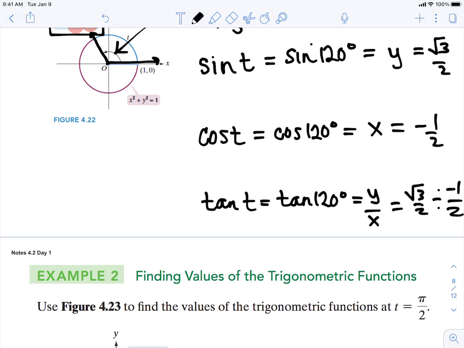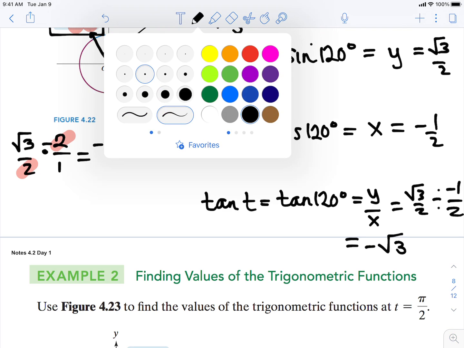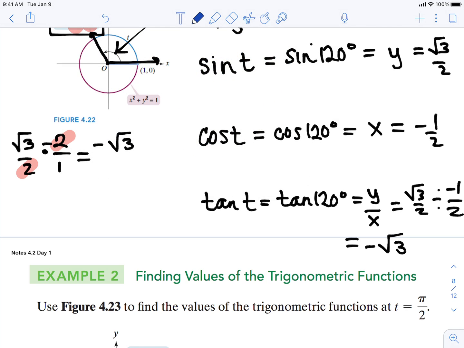So I'm just going to move over to this side. I'm going to keep, I'm going to change, I'm going to flip. Now I'm going to cancel those 2's and multiply across, giving me negative square root of 3. So this exactly is negative square root of 3. I'm just going to change colors. So what we found are the big 3, the sine, cosine, and tangent exact trig functions.